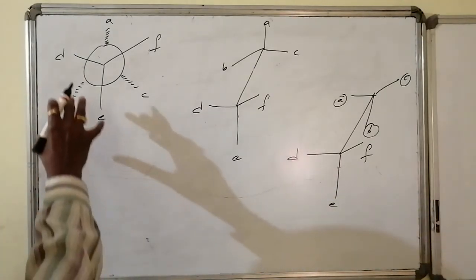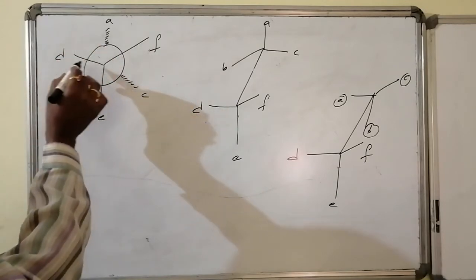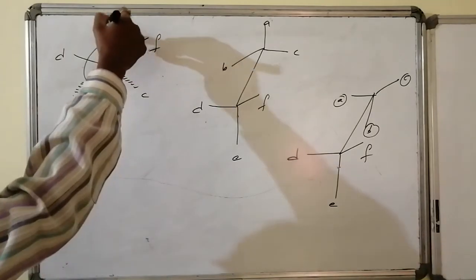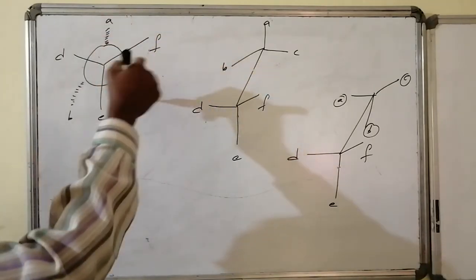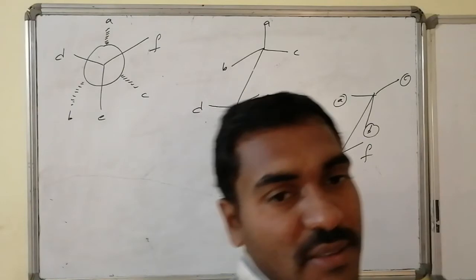Similarly, the same thing in the case of Newman: till now it is eclipsed, A is eclipsed with D. Now A moves far away from D on the rear carbon atom. Thus A, B, C will make an angle of 120 degrees between them in the plane. Such an appearance is said to be the anti-form of Newman presentation.